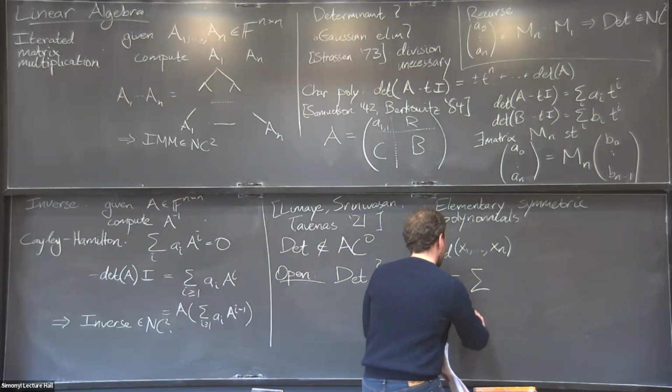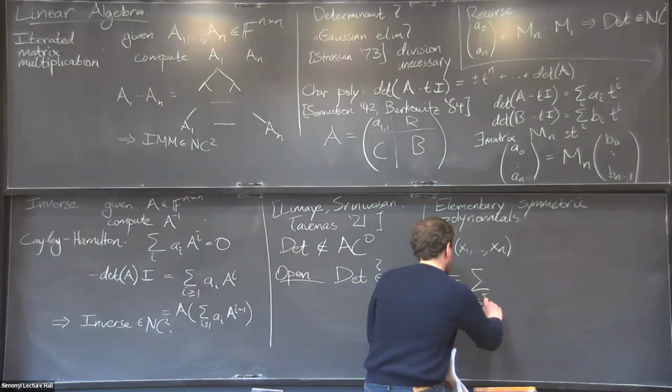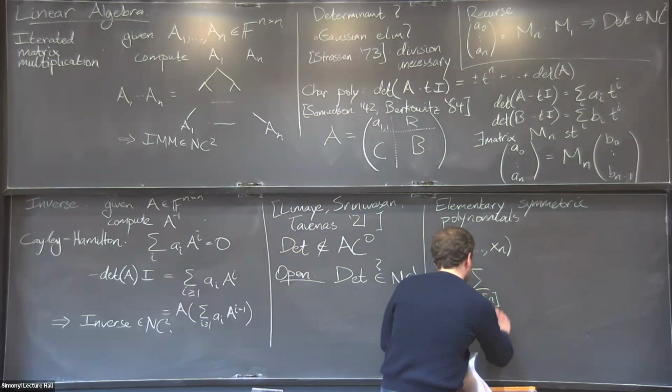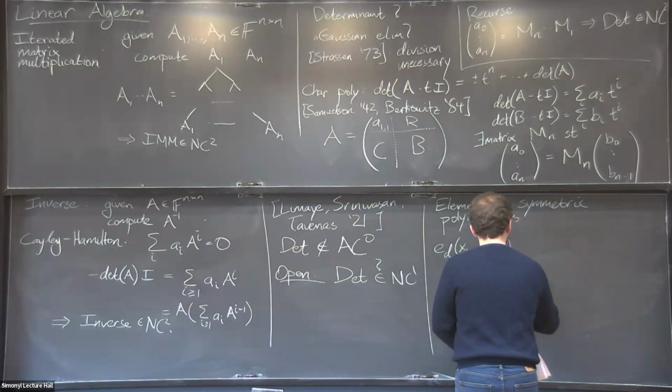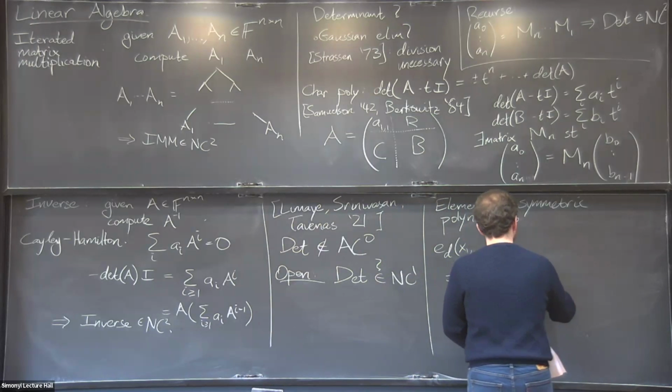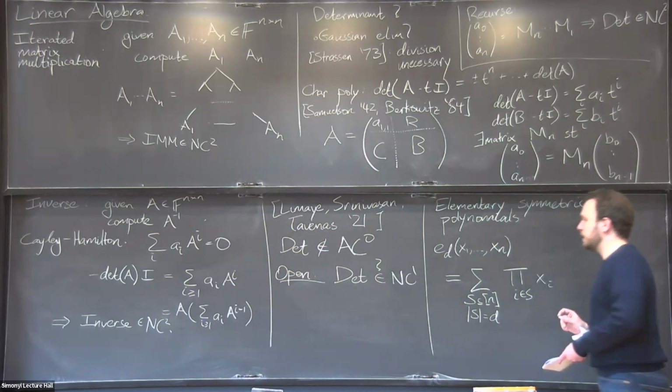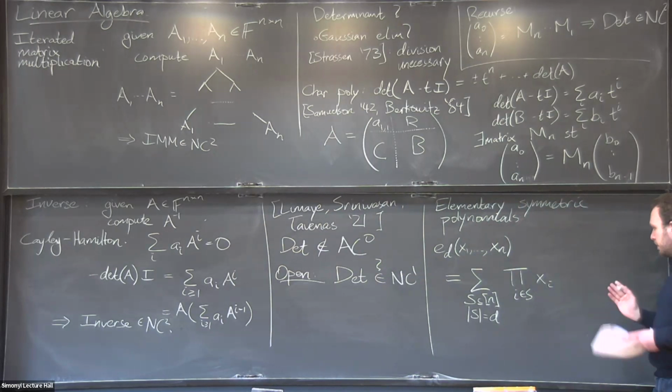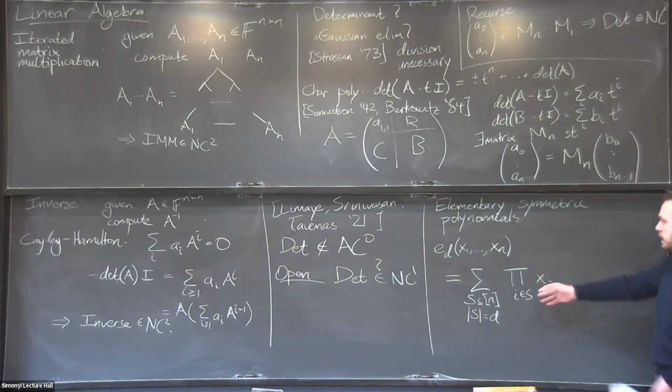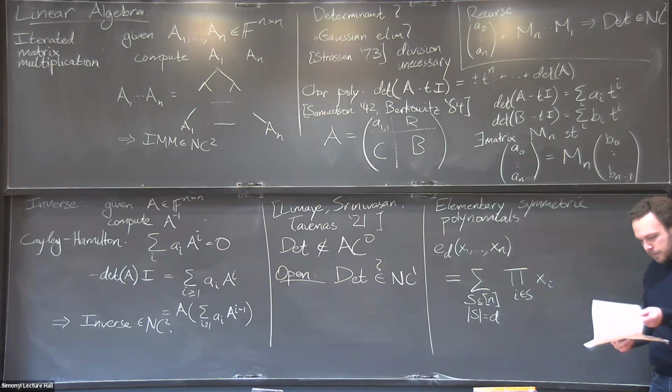Well, you sum over all subsets of the variables of size D, and you take the product over all variables in that subset. This is multilinear, it's symmetric. If I permute the variables, the polynomial doesn't change. So the analog of the Boolean threshold function. Yeah. Something like a threshold or a majority, maybe.